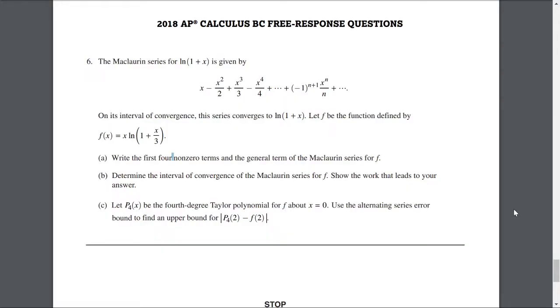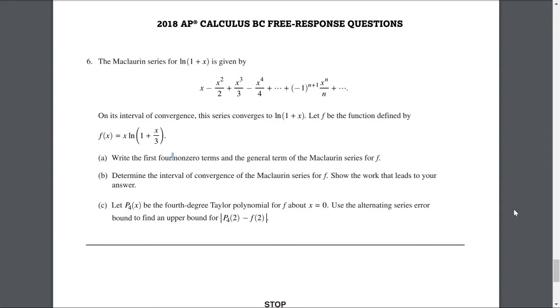Let P4 of x be the 4th degree Taylor polynomial for f about x equals 0. Use the alternating series error bound to find an upper bound for the absolute value of P4 of 2 minus f of 2. Okay, so that little absolute value expression is just saying find an upper bound for the difference between the 4th degree Taylor approximation of f of 2 and the actual value of f of 2.